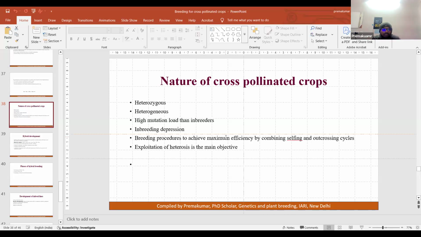I'm not going to discuss the hybrids of each and every crop, like hybrid breeding for pearl millet, sunflower. Hybrid breeding for maize I have discussed, but I will not go into detail about hybrid breeding for mustard. You have to read.